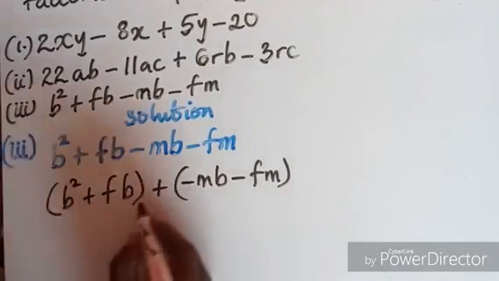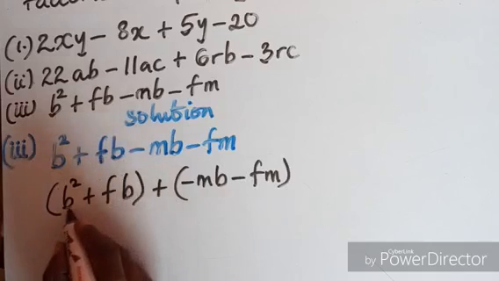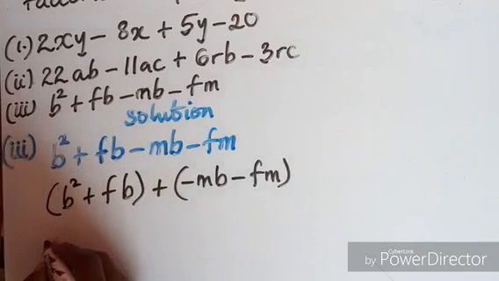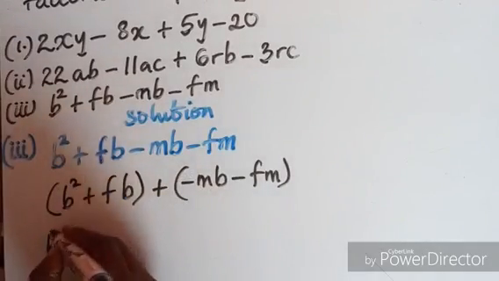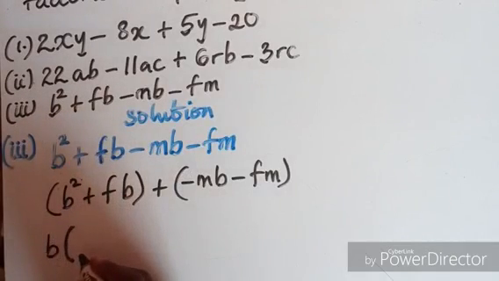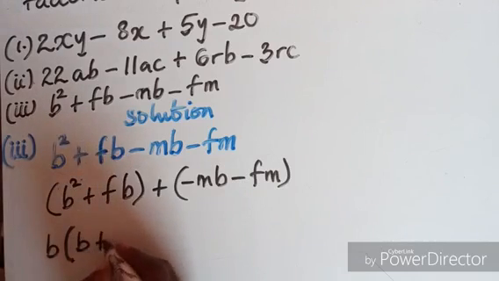Good. So what we have here, the common term, there's b squared and b, so b is the common term here. So if we are picking b as our term, then b goes into b. When we are dividing, we subtract, so I'll subtract 1 from this, and I'll still be left with b. So we have b here, plus b cancels b, I'm left with f.